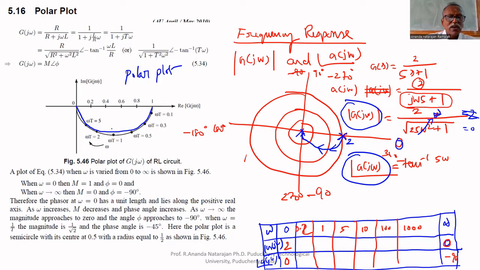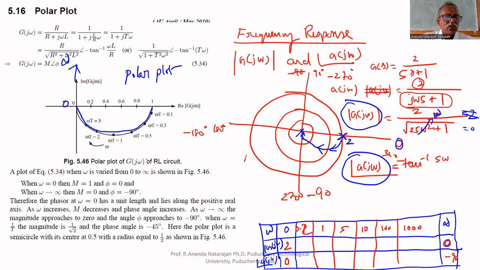Because what is polar plot? Actually, what we varied is omega. In other words, we substituted the j omega axis, the magnitude of j omega axis from 0 to infinity. Am I correct or not? We substituted the values of 0 to infinity here, and we found magnitude and angle and plotted.